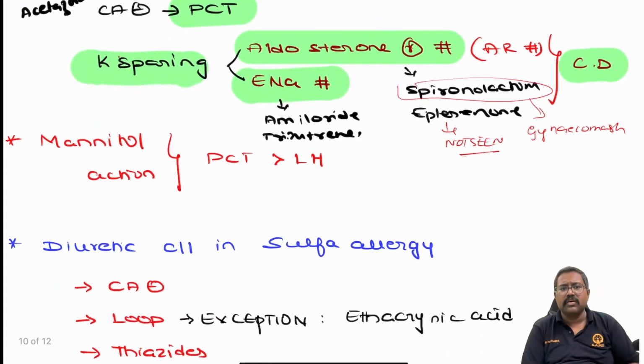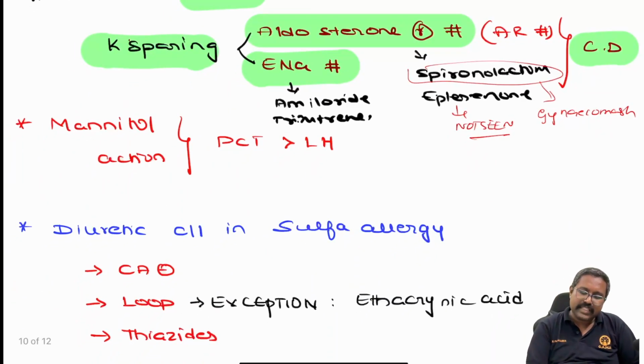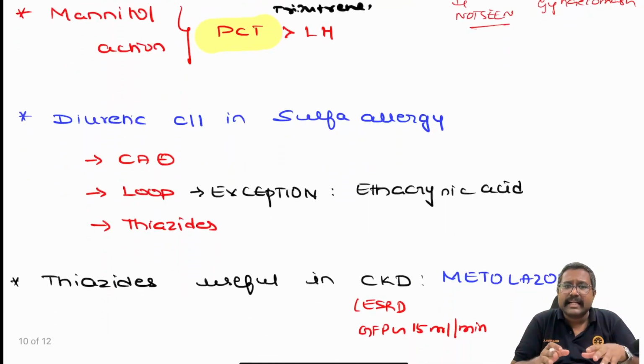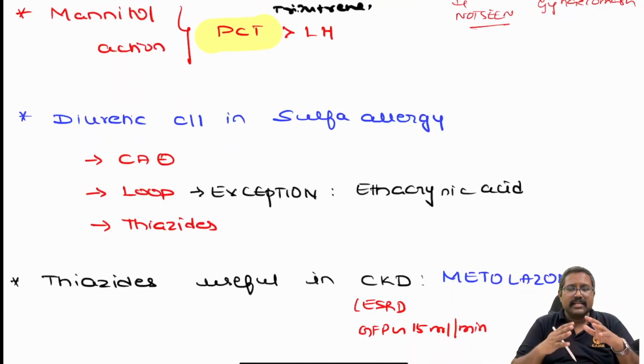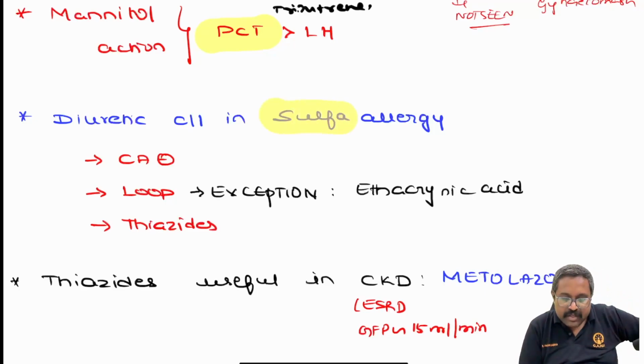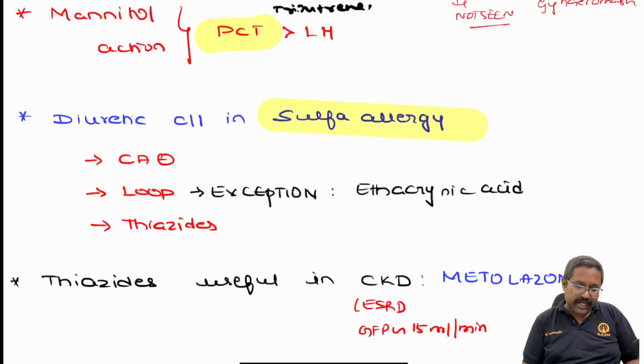Mannitol action: where will mannitol act? Please remember, mannitol will act at the site of the proximal convoluted tubule, majorly. There are some drugs under diuretics you need to avoid where there is a sulfonamide allergy. If the patient is allergic to sulfonamide, what are the diuretics you need to avoid?